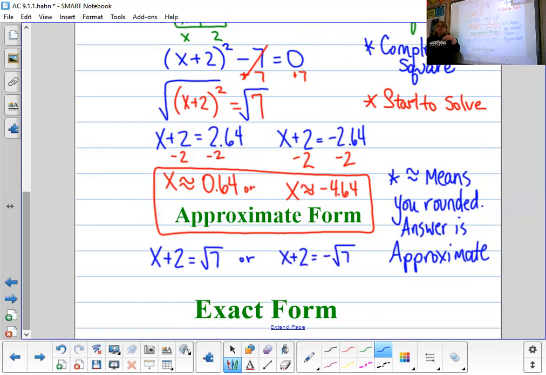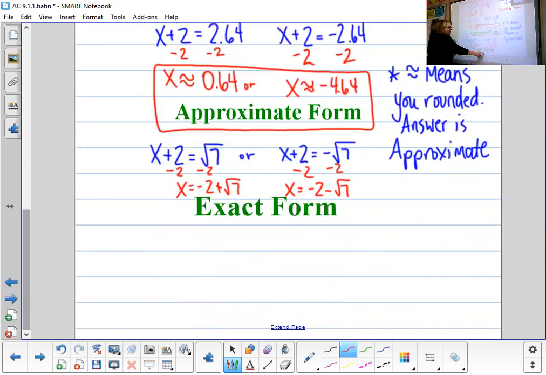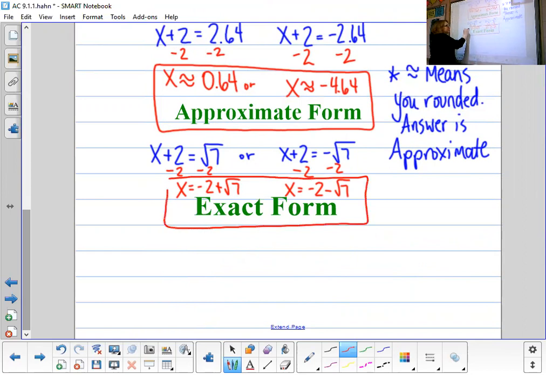I know you guys think, oh, you can't do a square root of a negative, but this negative is out front. So when I subtract 2 from both sides, I get x equals negative 2 plus the square root of 7, and x equals negative 2 minus the square root of 7. And that is what we call exact form, because I did not round anything, it is exact.